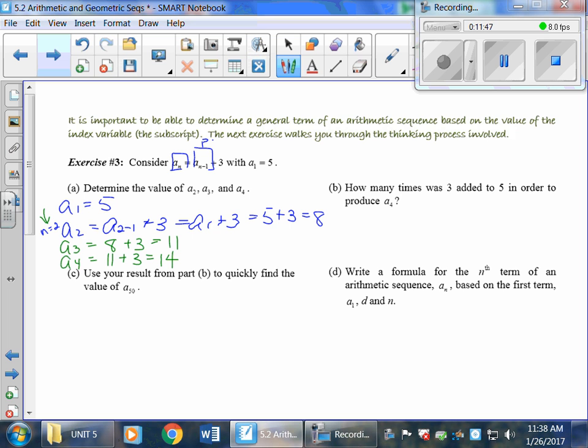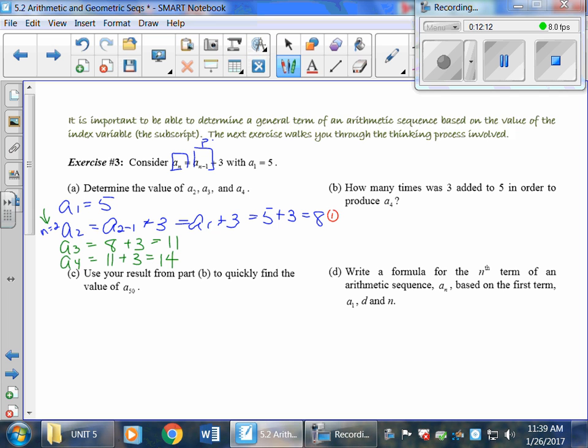B says, how many times was 3 added to 5 in order to produce a sub 4? Well, let's take a look at that. I can't pull the other ones around. Oh well, I guess I have to use this one. All right, so I started with 5. I added once, right to here.